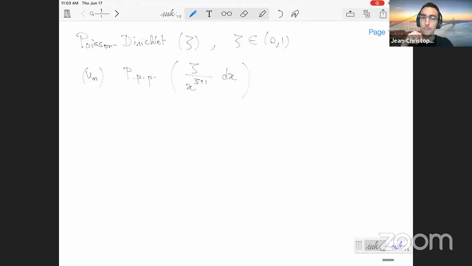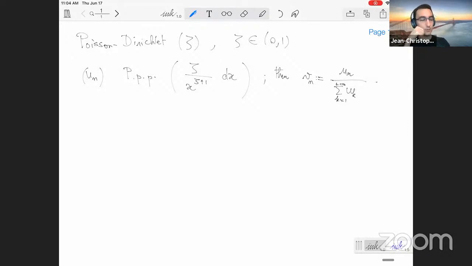Here you remember that we can order this decreasingly, so U_1 is the largest point, then U_2, etc., and these points accumulate to 0. Then we set V_n to be U_n divided by the total sum. The result of this point process, normalized so that the total sum becomes equal to 1, is the Poisson-Dirichlet process with parameter zeta.